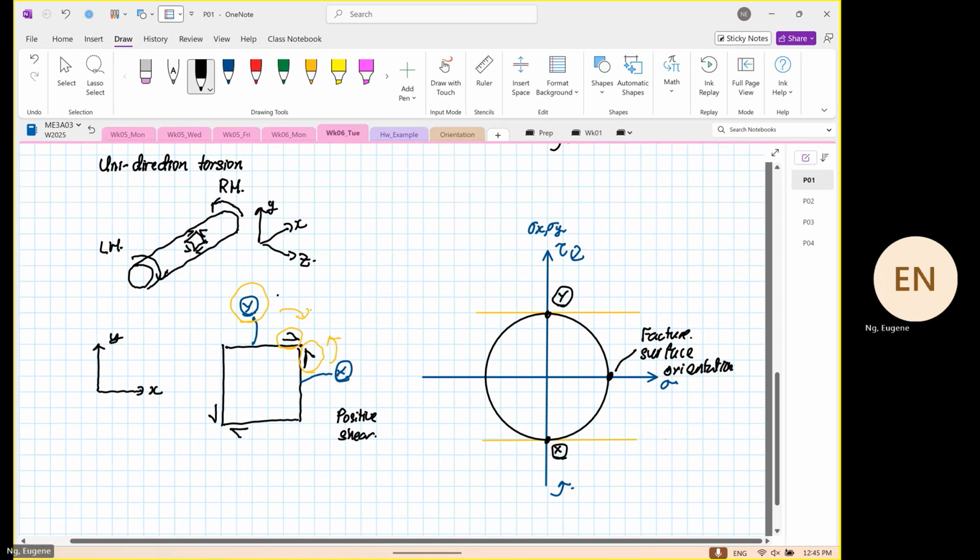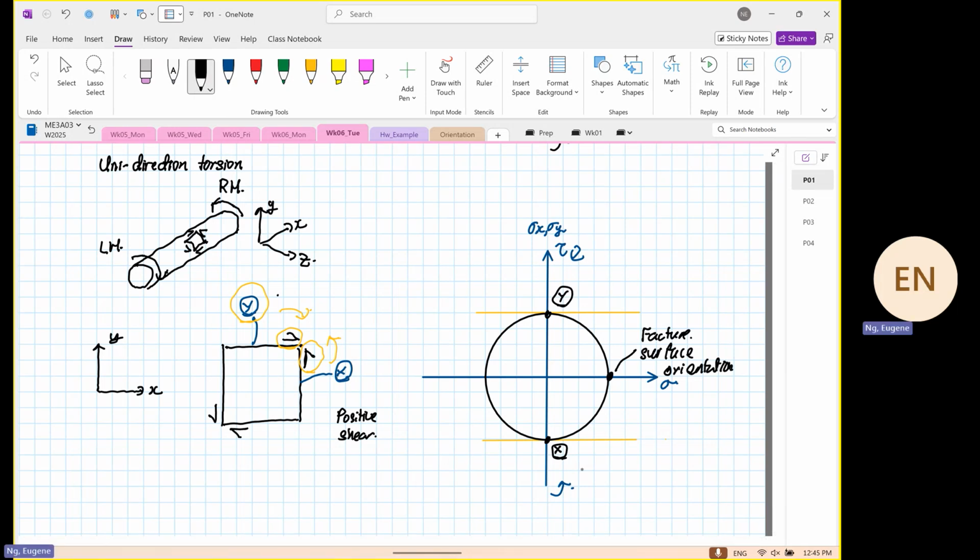Now we know that this is our element, this is our surface X, and this is our element, this is our surface Y. Now the element will rotate.